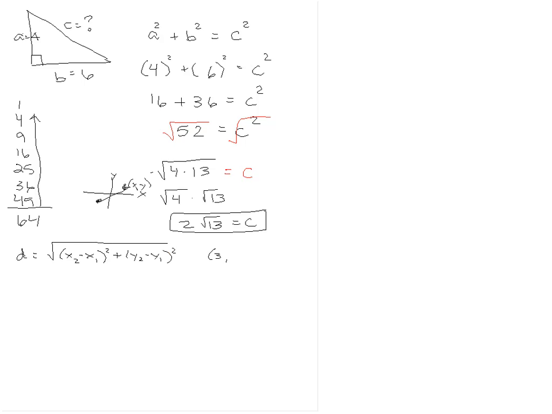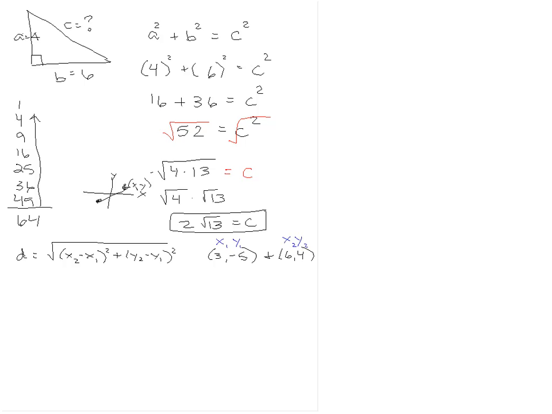So if I said I have points 3 and negative 5 and 6 and 4, okay, what is the distance between (3, -5) and (6, 4)? Well, we fill it in. Now, first of all, this is an x and this is a y, this is an x and this is a y. And it doesn't matter. I'll make these my first ones and these my second ones.